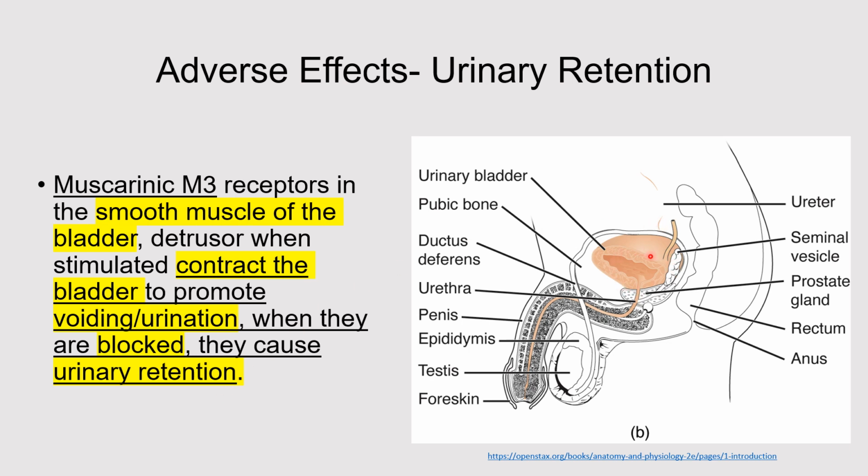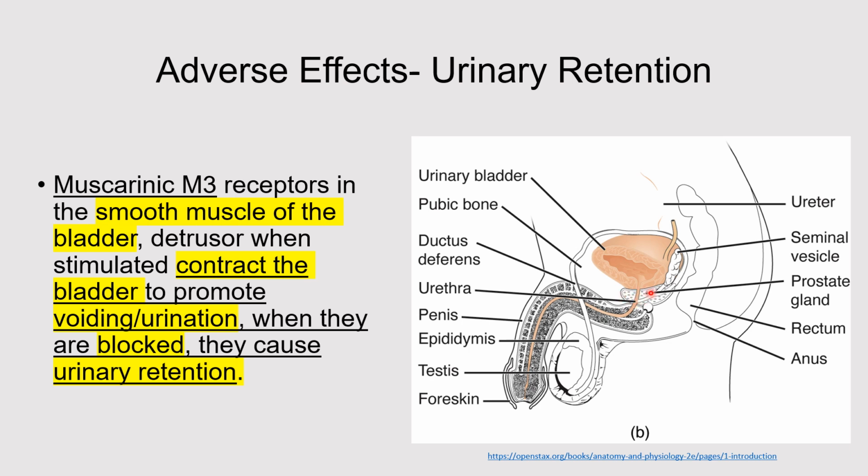If you pay attention here, this is the bladder, and this is the urethra that comes out of the bladder. And this small gland right here is your prostate gland. When patients have benign prostatic hypertrophy, the prostate gland is bigger in size, and that causes bladder neck obstruction.